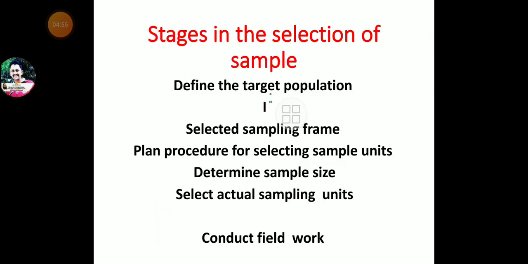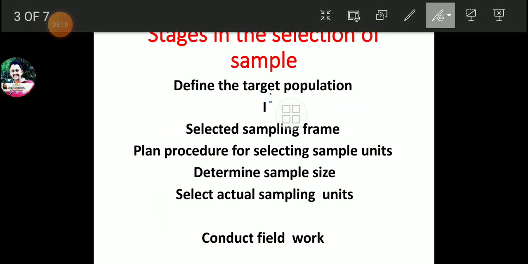Now, stages in the selection of a sample. Which are the steps? Which are the stages? One by one, in the selection of a sample or collection of a sample. So here we can find the stages. First one, define the target population.